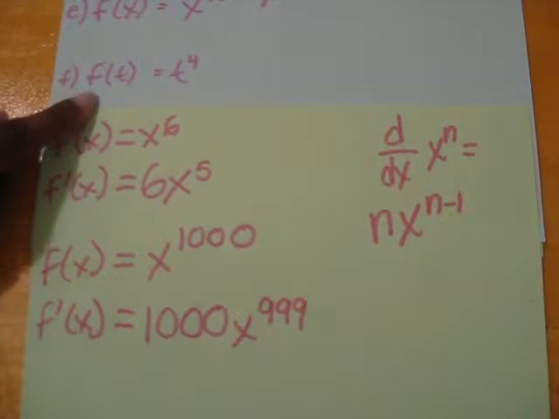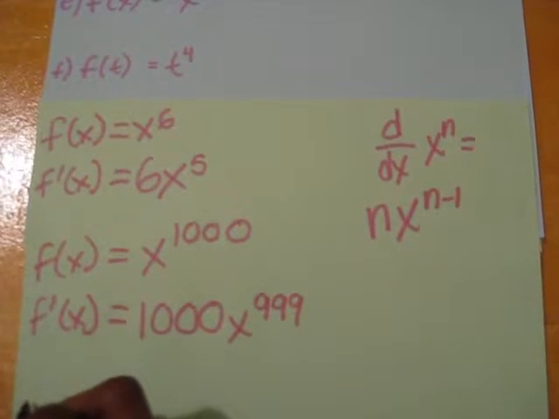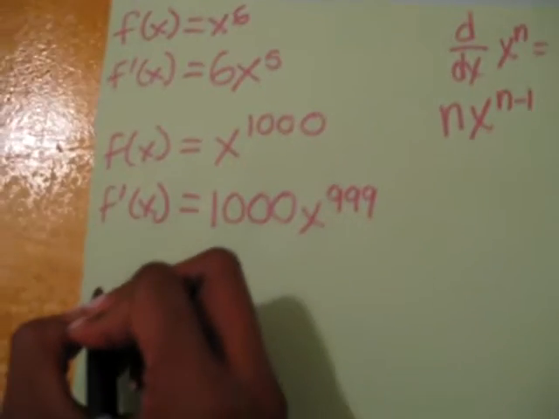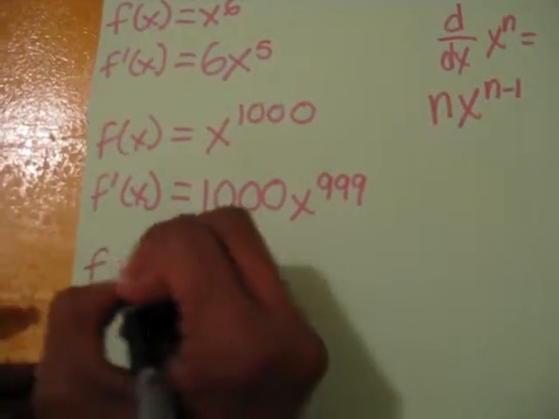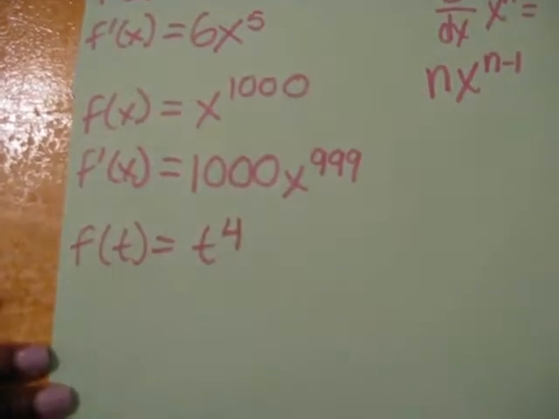And for our last, you have f of t equals t to the 4th power. Rewritten here.